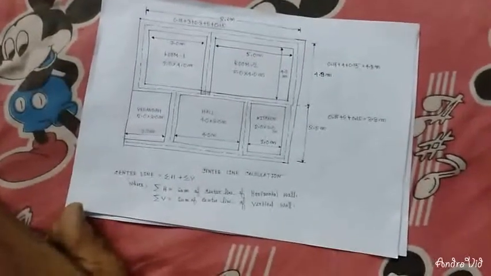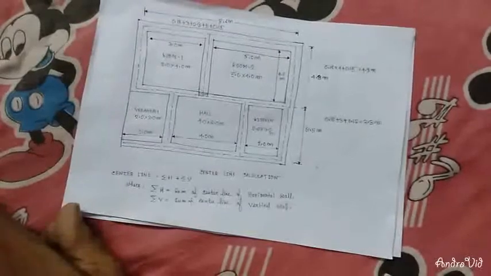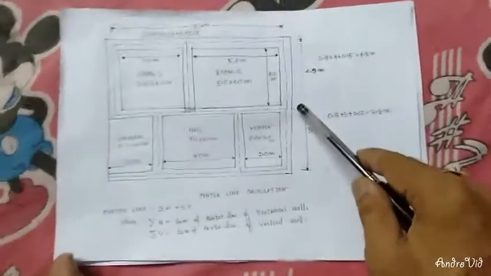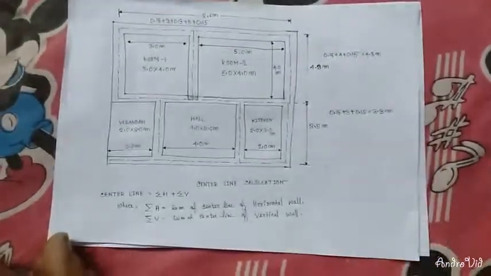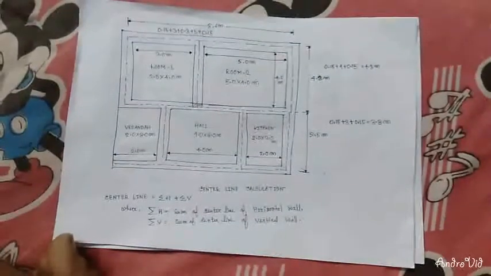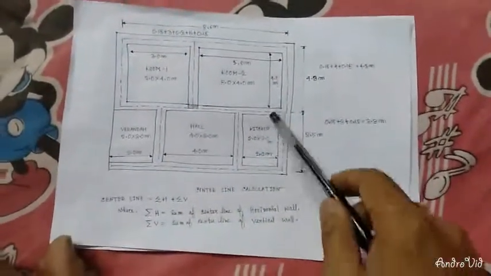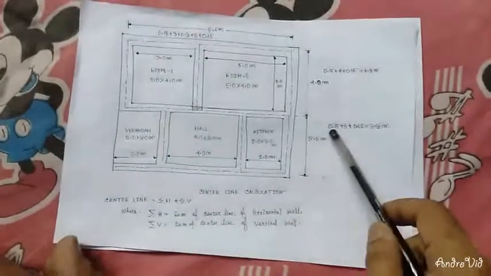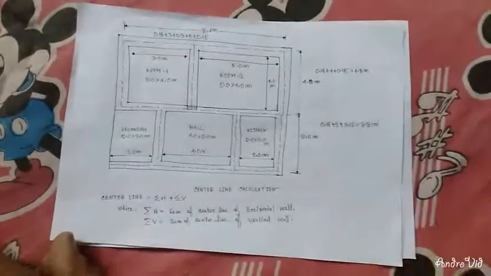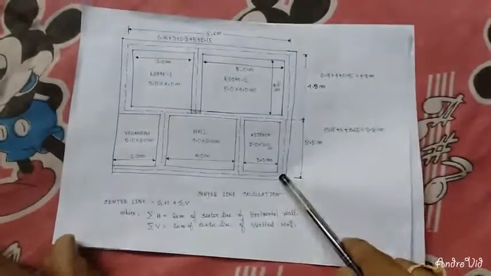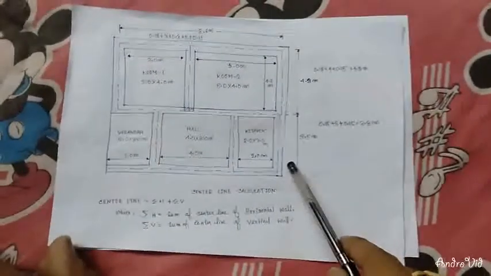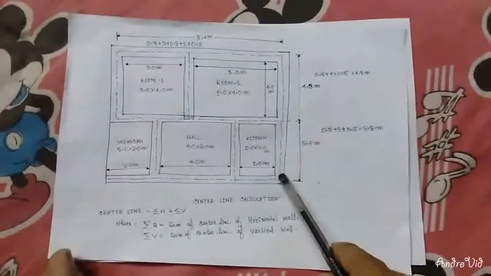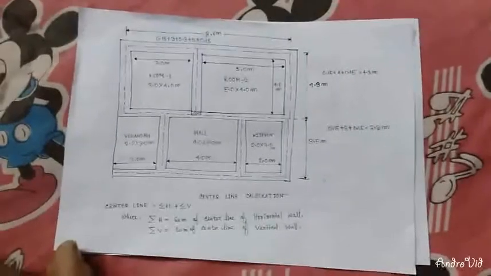So the length of the vertical wall is half of the wall thickness, that is 0.15 meter, plus the vertical in-to-in dimension of this wall, and that is 3 meter. So 0.15 plus 3 plus again half of the wall thickness from this end. The total wall thickness is 0.3 meter and half of it is 0.15 meter.